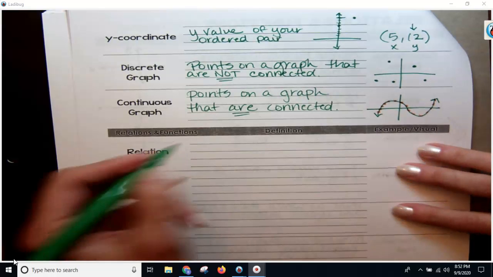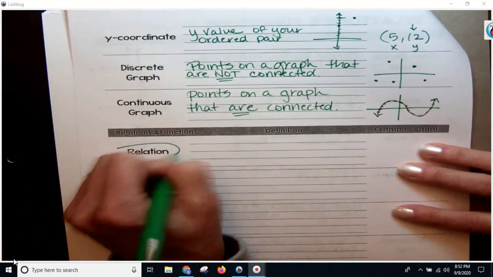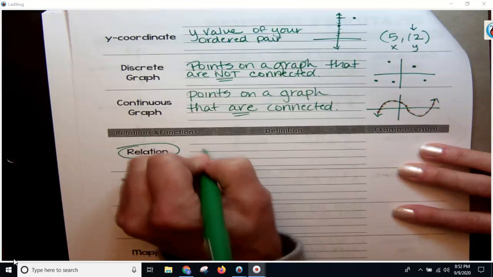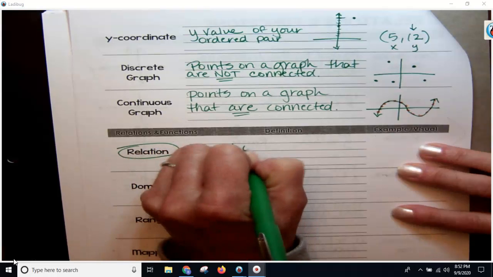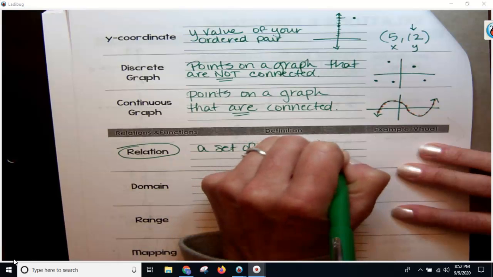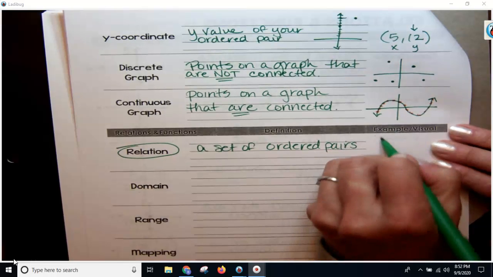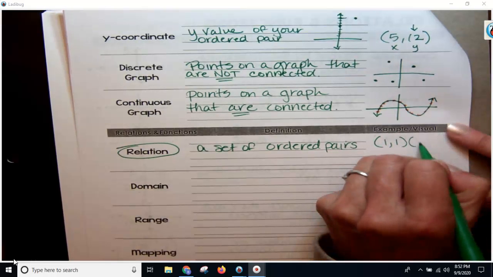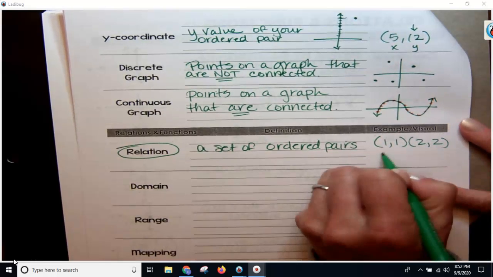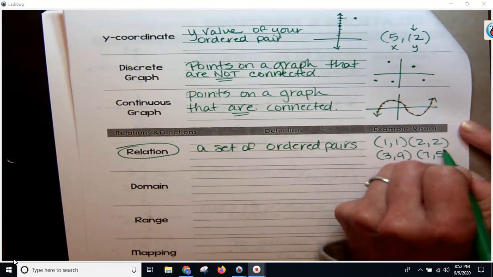So, now, last, I'm just going to go through the range. A relation is basically a set of ordered pairs, all right? This is basically just if you have 1, 1, 2, 2, 3, 9, 7, 5.